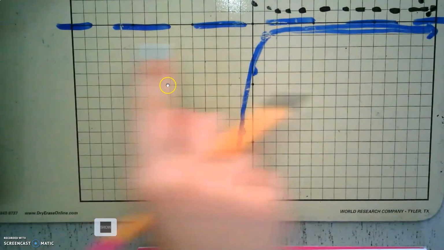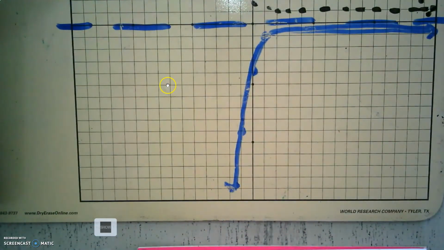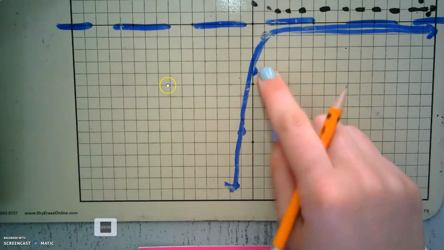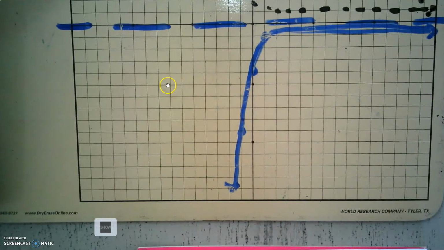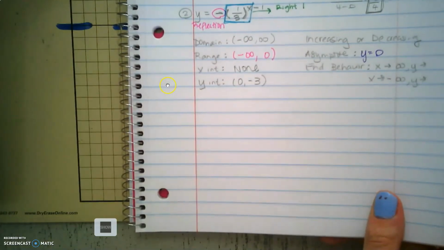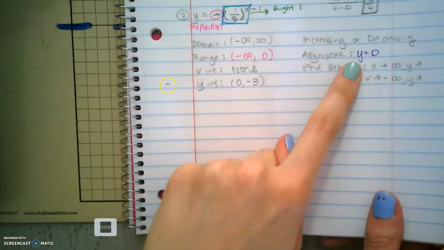If my asymptote is the x-axis, do I have an x-intercept? Nope. Do I have a y-intercept? Yes, and in your calculator, it's at 0, -3. So there's our x and our y-intercepts. We've identified our asymptote.